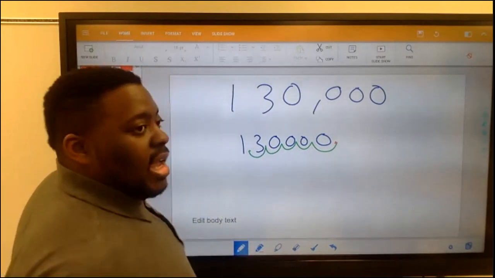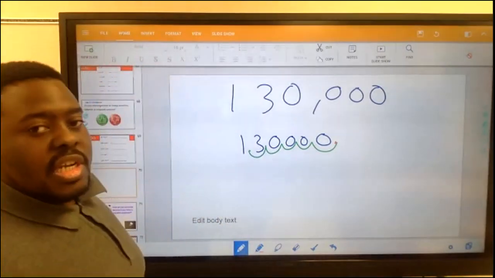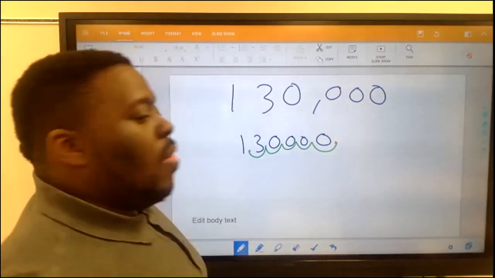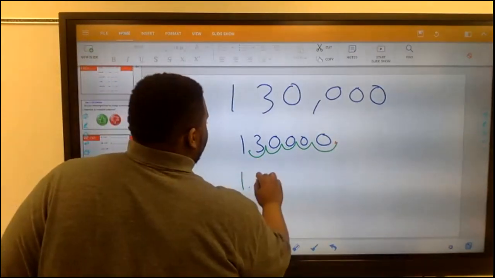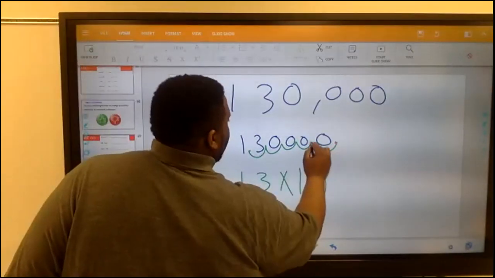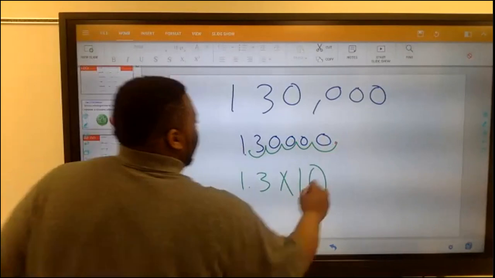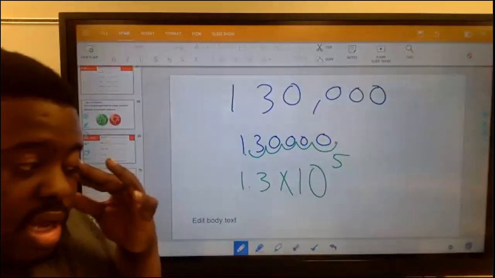We want a single-digit number and at least one decimal place, and we have that. So your answer will be 1.30 times 10 to the, 1, 2, 3, 4, 5, positive 5.